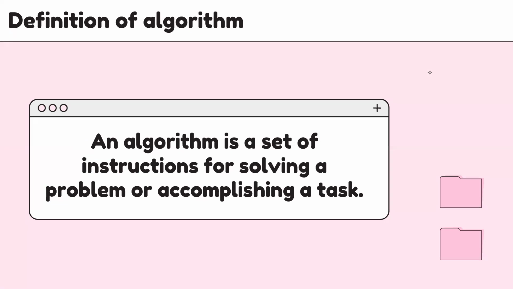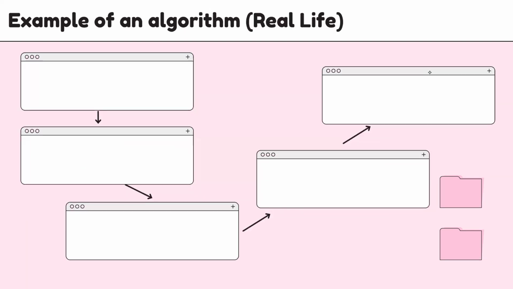The algorithm is a set of instructions for solving a problem to accomplish a task. And we are going to use a sequential ordering system of instructions for it. I'll send this particular slide to you people. You can note it down. Example of an algorithm in real life. What the algorithm is.